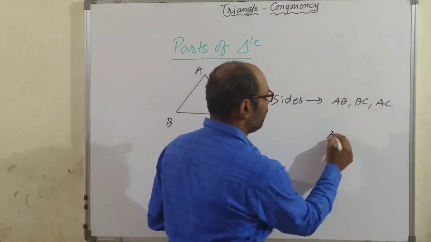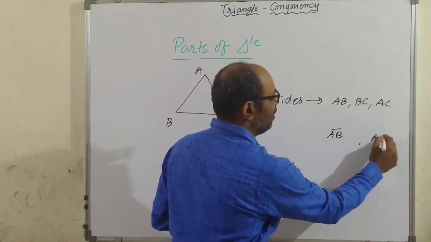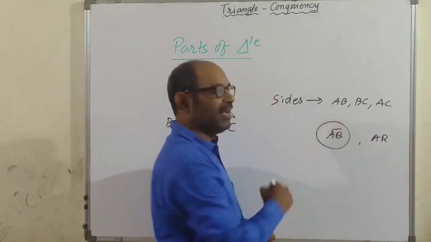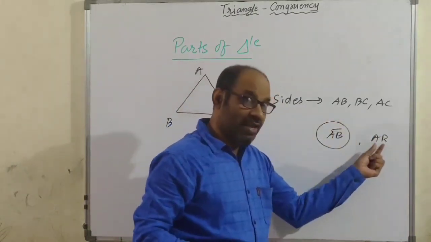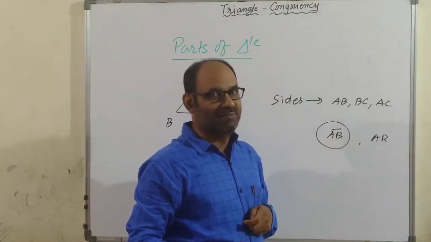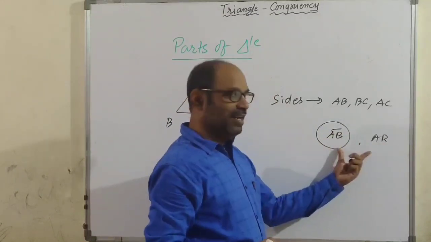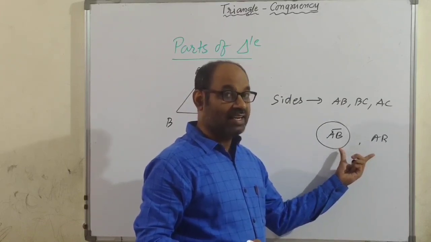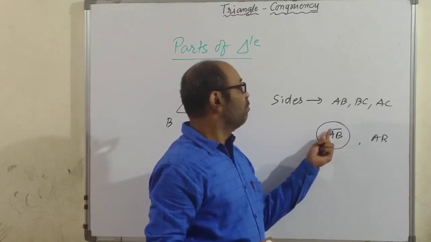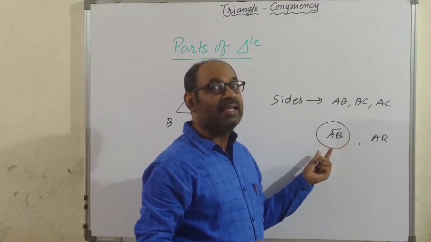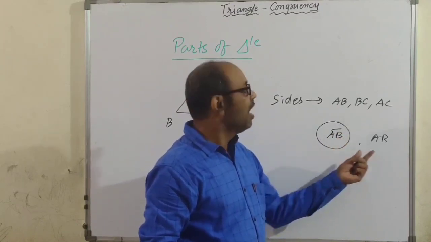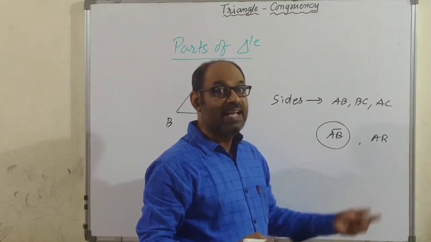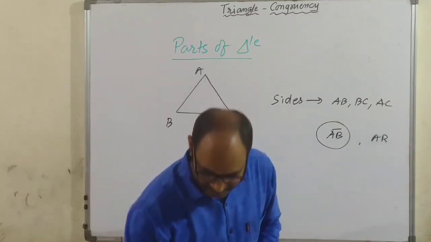Actually, what is the difference between line segment AB and AB? This is line segment, and AB means length of line segment. So we can use these two different symbols connected with line segment. If a bar is kept over AB, then it represents line segment, and if there is no bar over AB, it represents length of line segment.